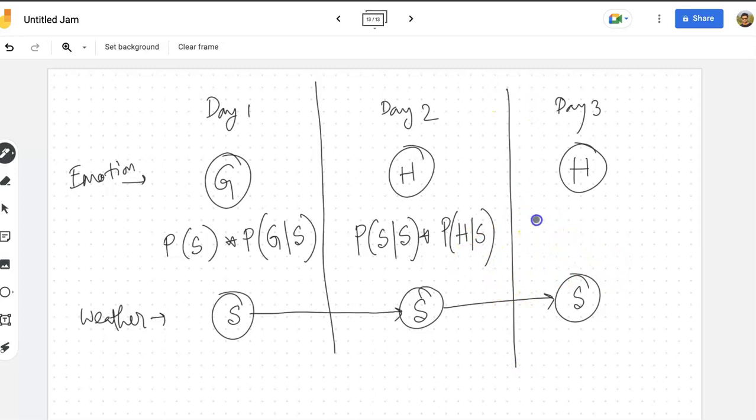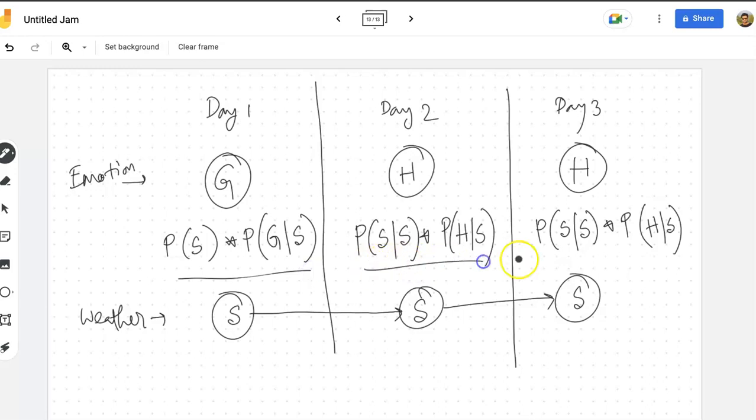Similarly, day 3 is sunny, given day 2 is also sunny. Okay, so these three conditions should occur simultaneously. So this is not a parallel path, this is sequential, so we need to multiply the probabilities, and we will get the answer.